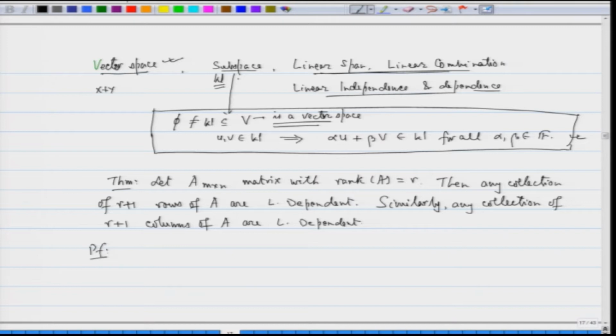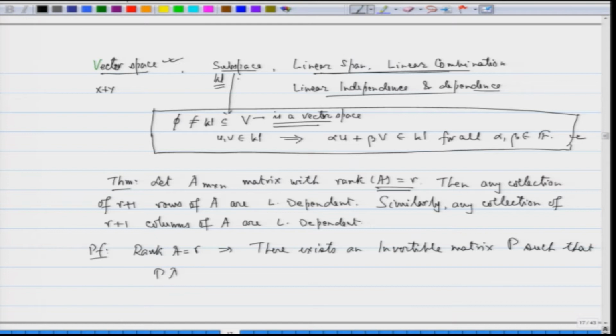Fine. So, what we know is that the rank is R. So, rank is R implies there exists an invertible matrix P such that P times A has the form B, 0, where B is R cross N, all right.